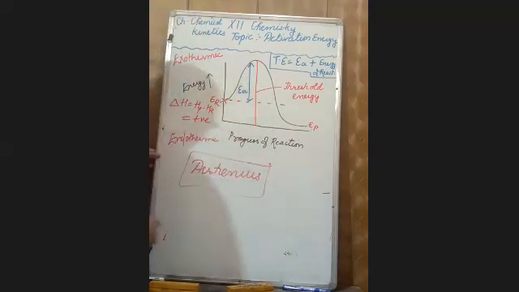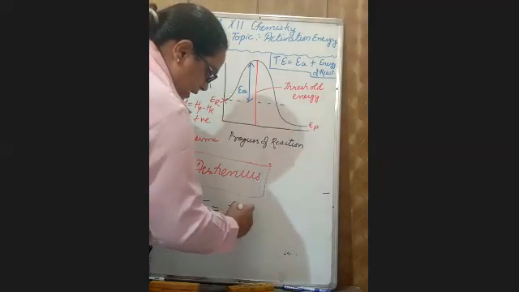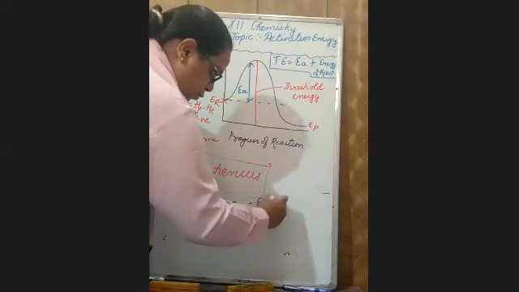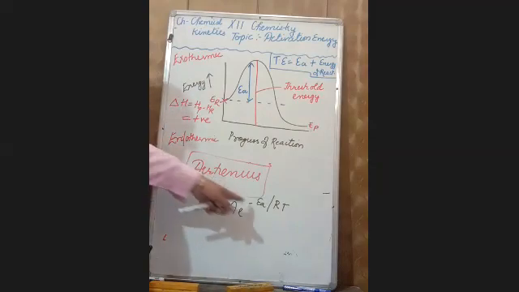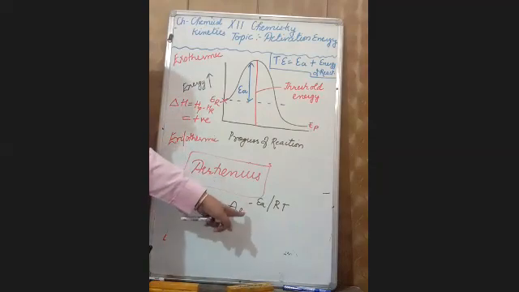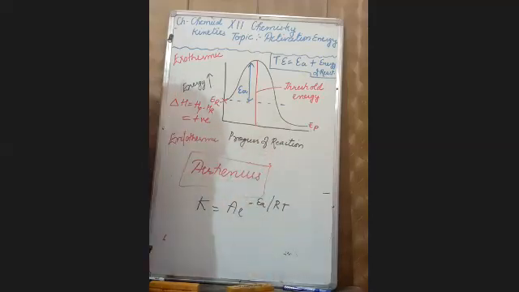Fine. The Arrhenius equation states that K is equal to A e to the power minus Ea over RT, where K is your rate constant, A is your Arrhenius constant, also known as the pre-exponential factor, e is the exponential, and Ea is the activation energy, which we will discuss in a few segments of this lecture.